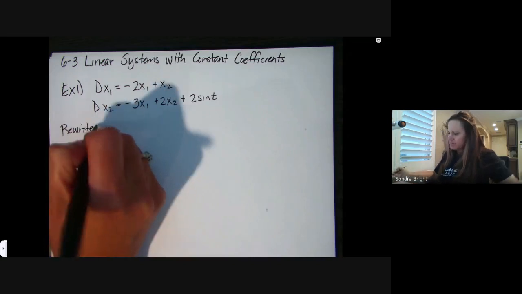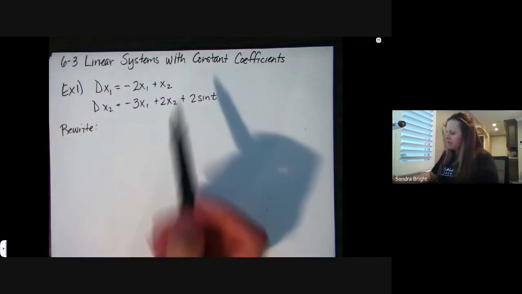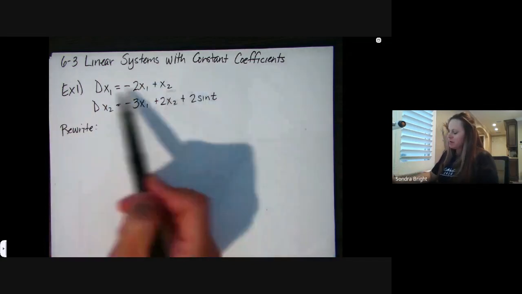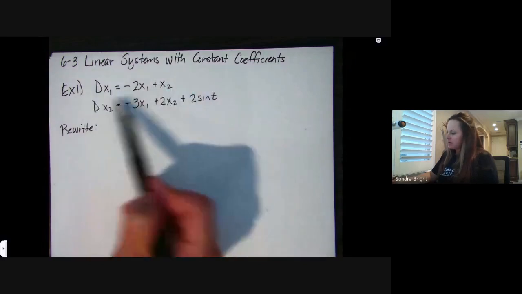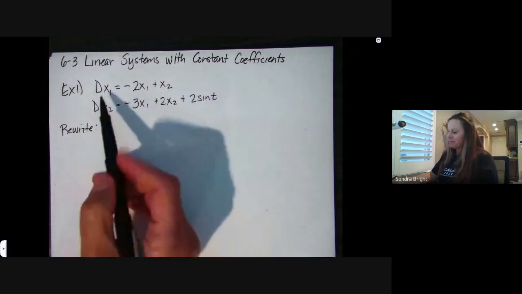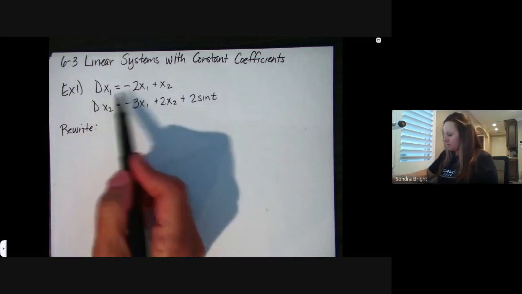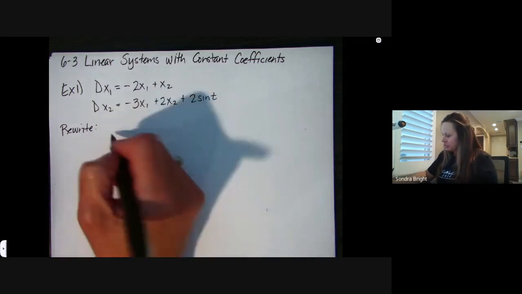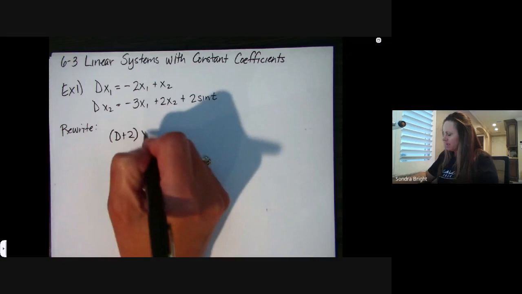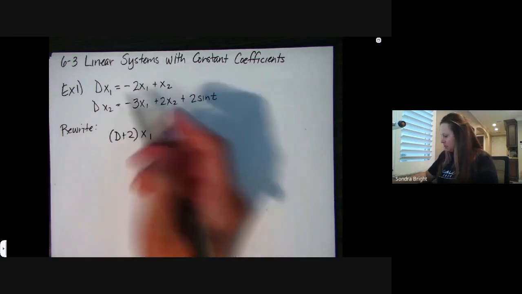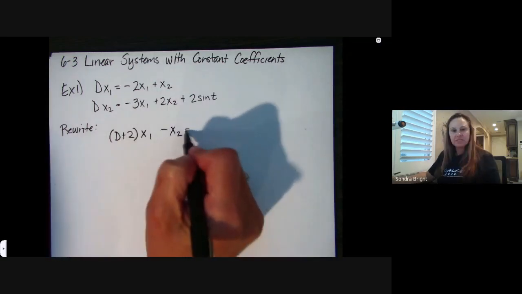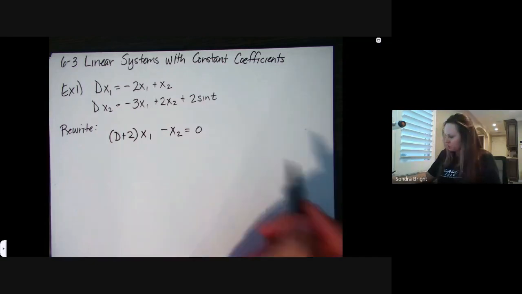For the first equation, I'm going to rewrite it to where everything's on the same side. So I would have Dx1 plus 2x1, so I'm going to rewrite it as (D plus 2) of x1. I would have subtracted the x2, and now it's equal to 0. So there's my one equation just rewritten.